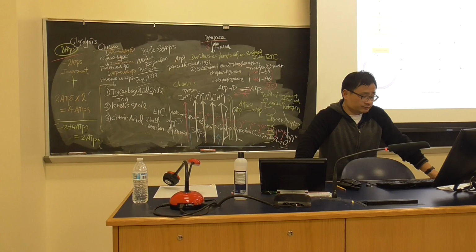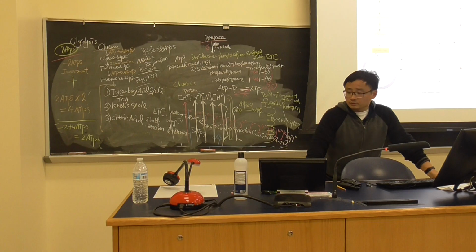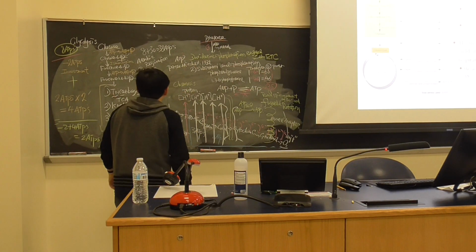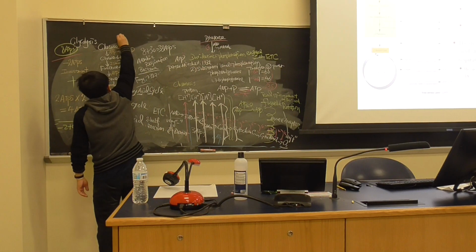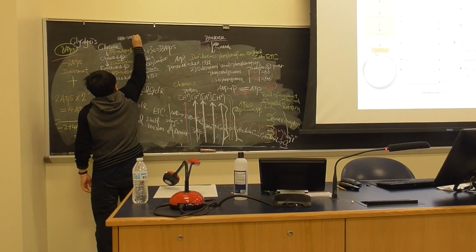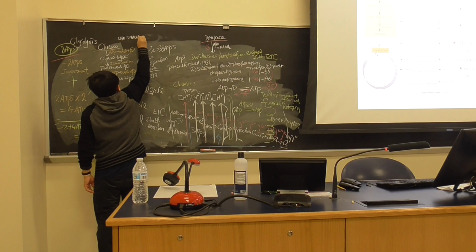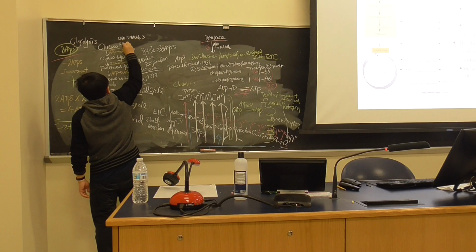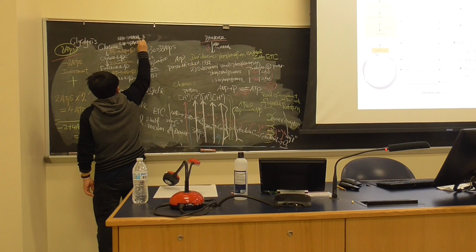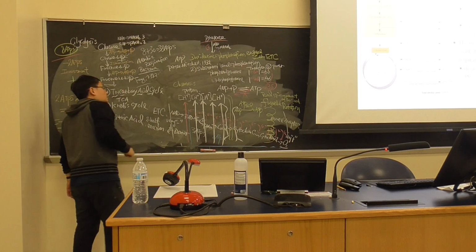How we calculate the 38 ATPs. Don't be confusing. So what happened is here, what I talk about, NAD reduced to NADH2 has 3 ATPs. FAD reduced to FADH2 generates 2 ATPs.